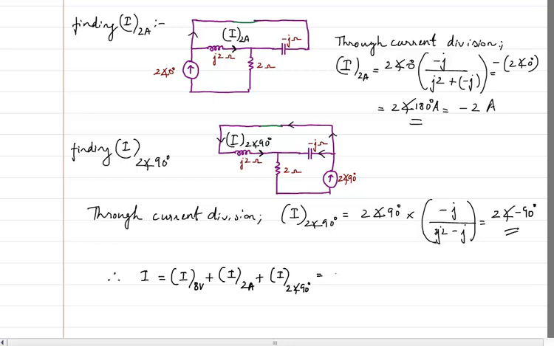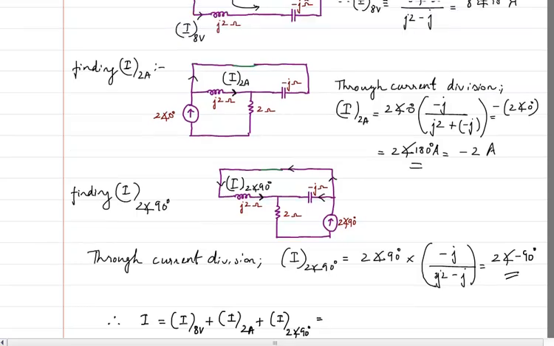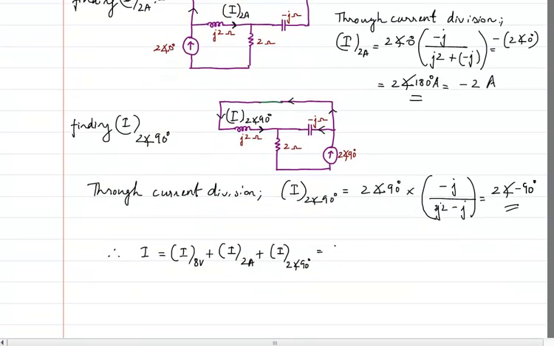So the first current is 8 angle 45 degrees plus 2 angle 180 degrees plus 2 angle minus 90 degrees.